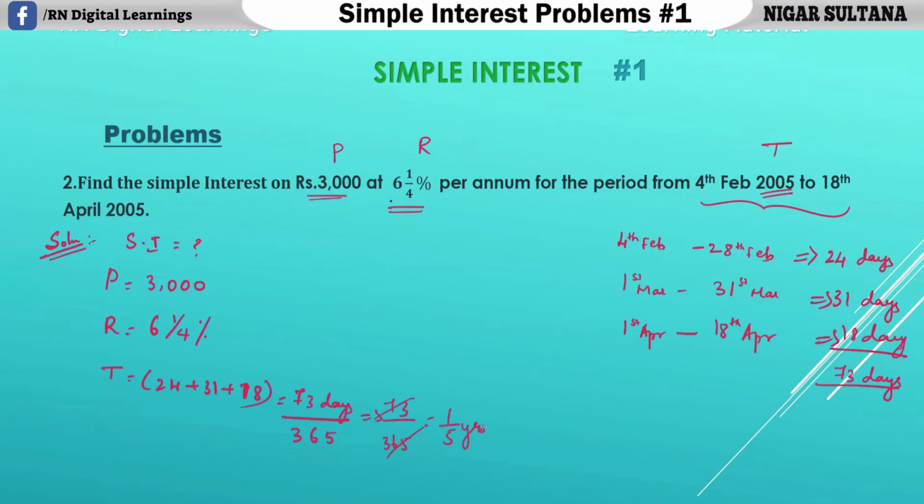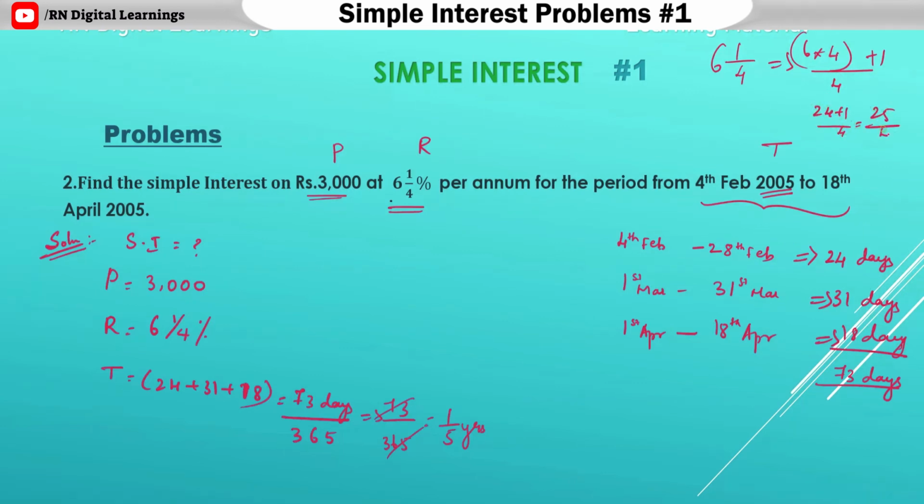Okay. Now a small thing we have left here. What is 6 1/4? It will be written as 6 into 4 plus 1, whole divided by 4. What is 6 into 4? It is 24 plus 1 gives us 25/4.